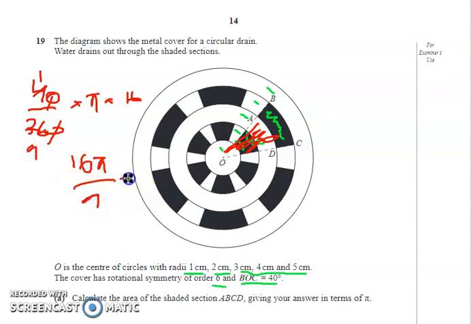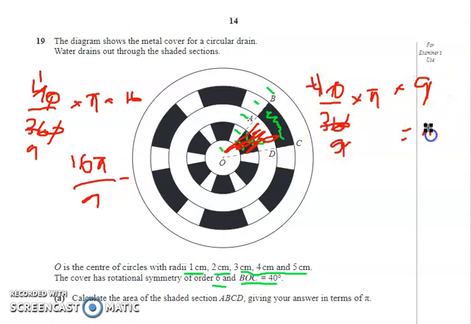And then we will subtract the smaller area, that is again 40 upon 360 into pi. Now the radius will be 3, that is 9. 3 squared is 9. Again 4 ones are 4, 9s are 9. This is only pi.